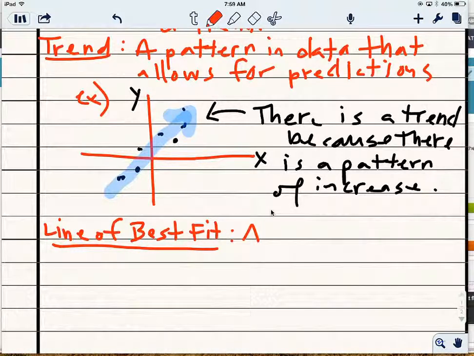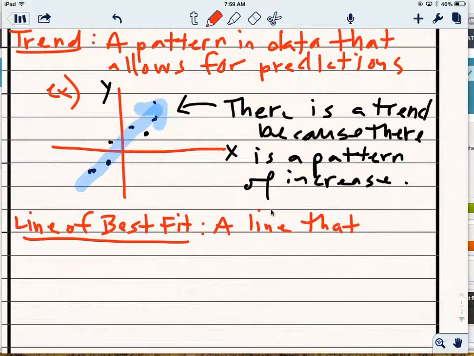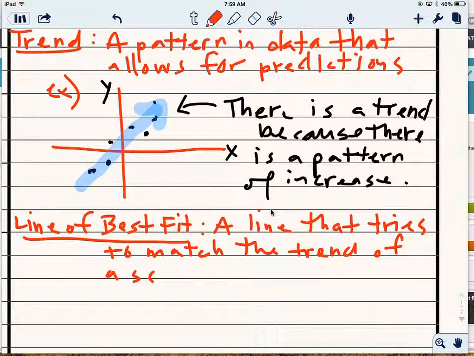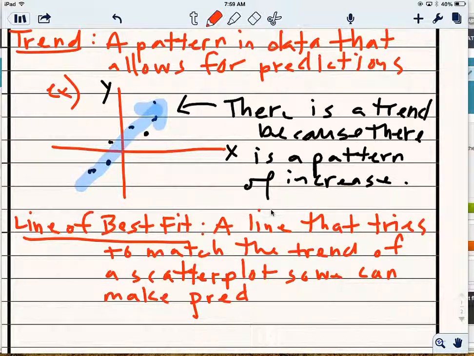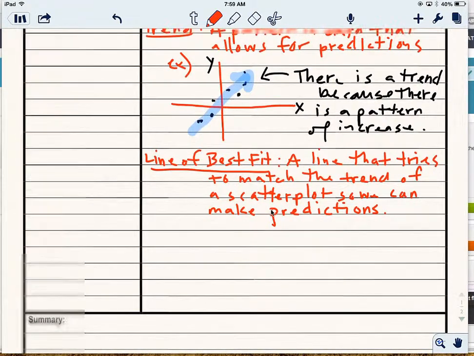I'm going to call it a line that tries to match the trend of a scatter plot, so we can make predictions. So that's basically what's going on.